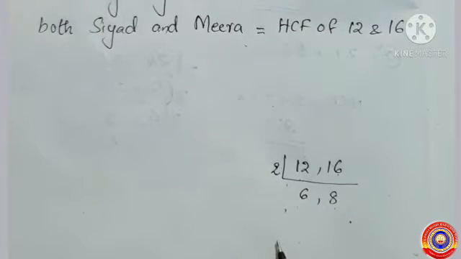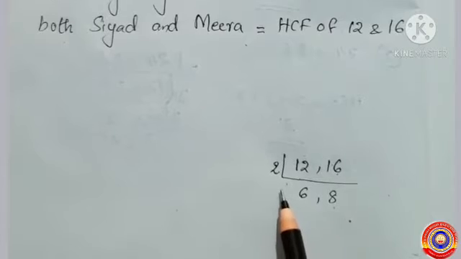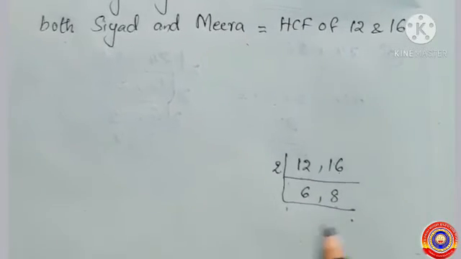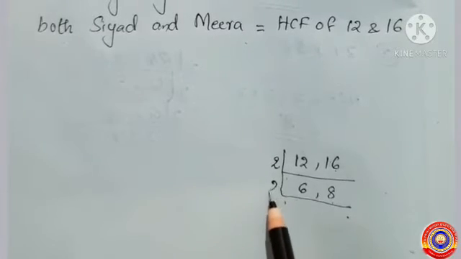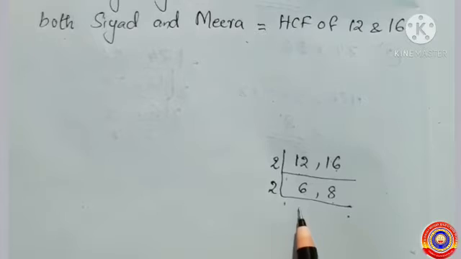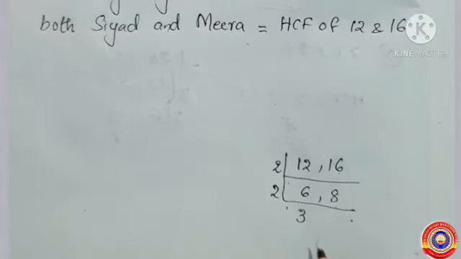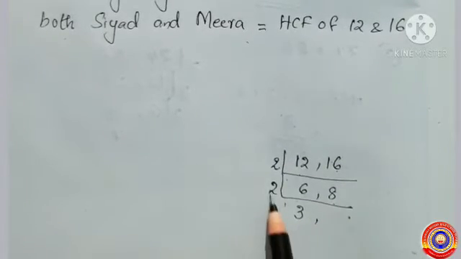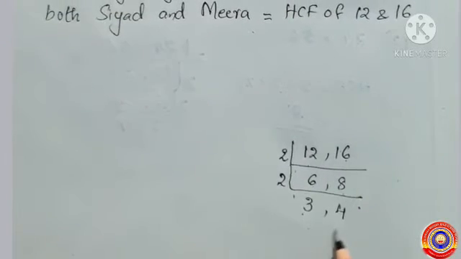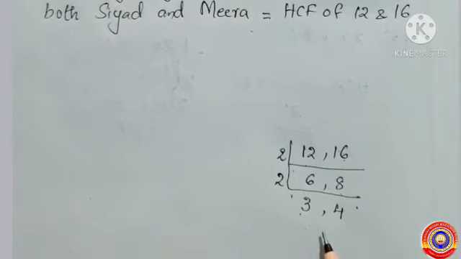Now, with which number both 6 and 8 are divisible? Both these numbers are divisible by 2. Then 6 divided by 2 is equal to 3 and 8 divided by 2 is equal to 4. Now, can we divide 3 and 4 together?